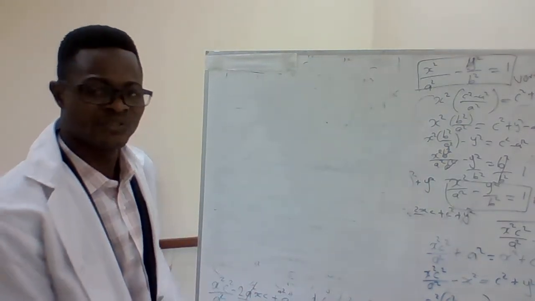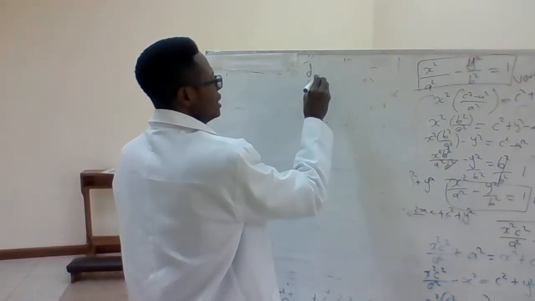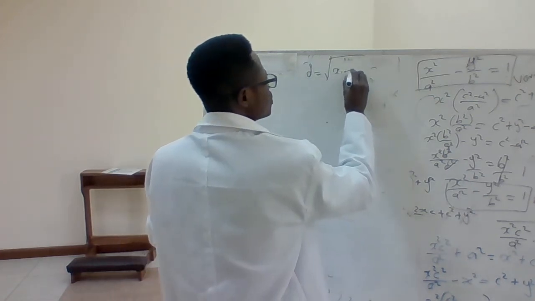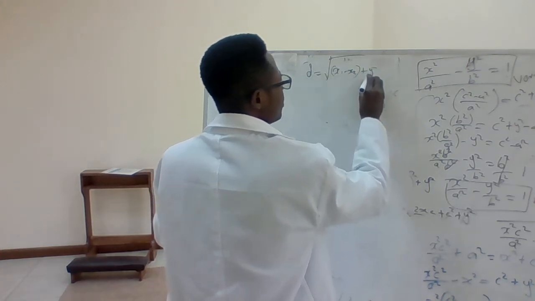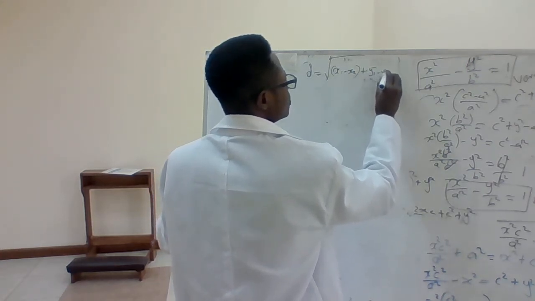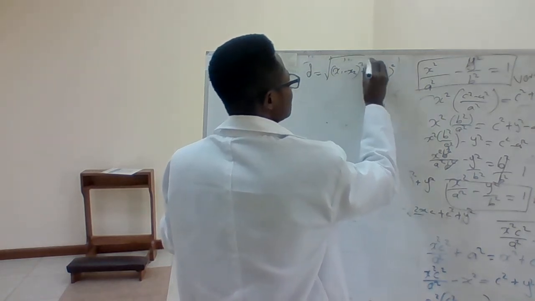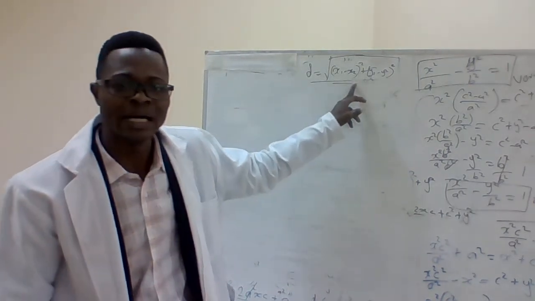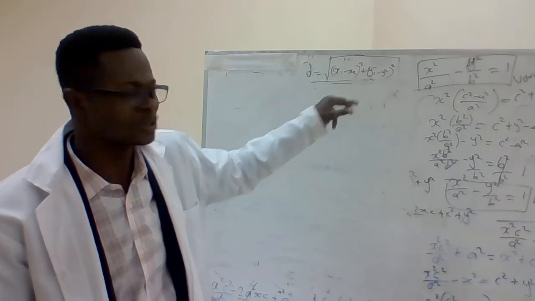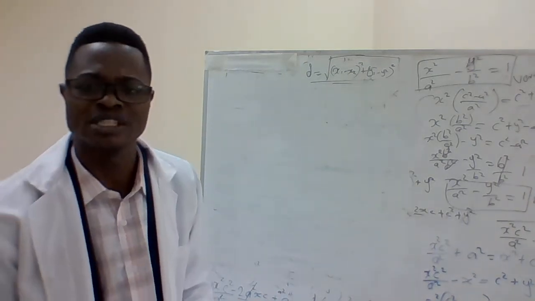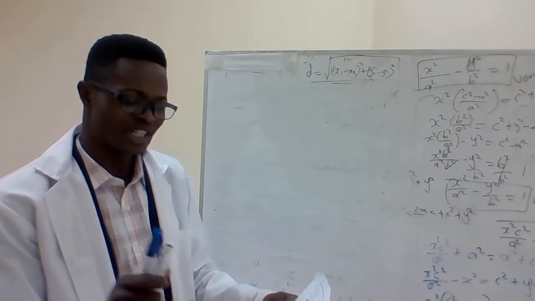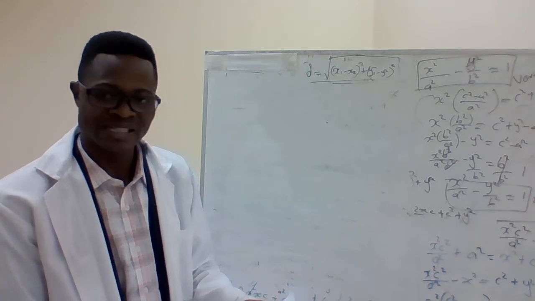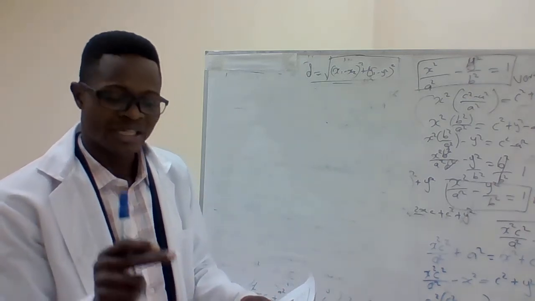We know that the distance formula will give us the square root of x1 minus x2 plus y1 minus y2, and all these are squared. This is the distance formula. So we are going to use the distance formula, because remember from our definition of what is a hyperbola, we said that it is a set of all points in a plane such that the differences of its distances from 2 points is constant.